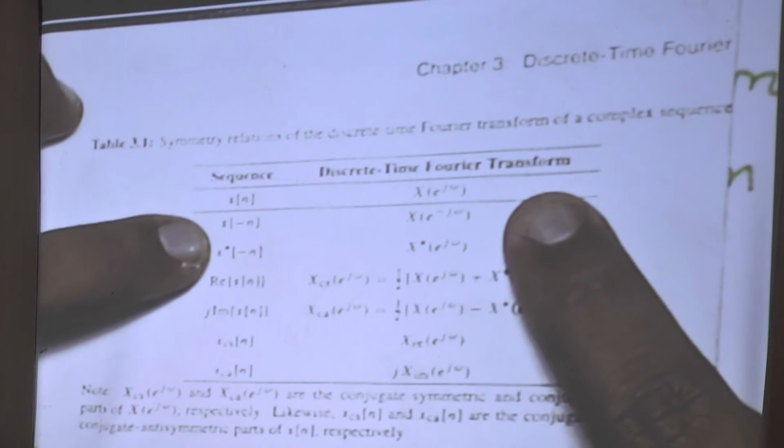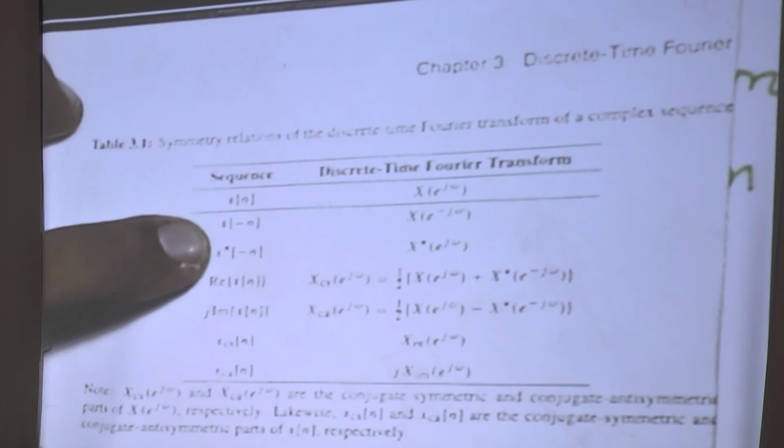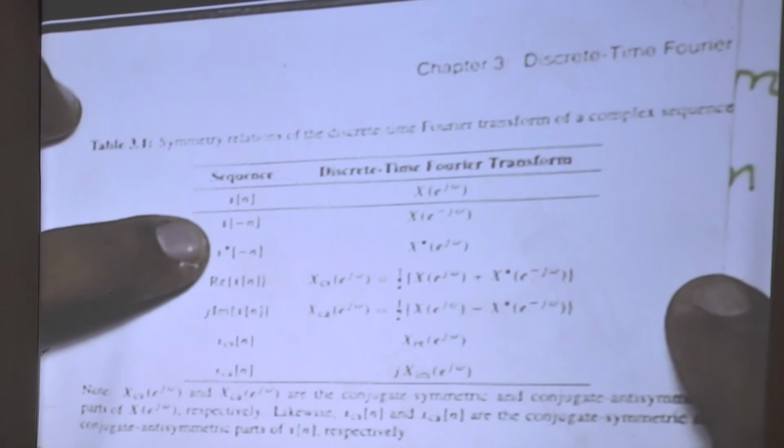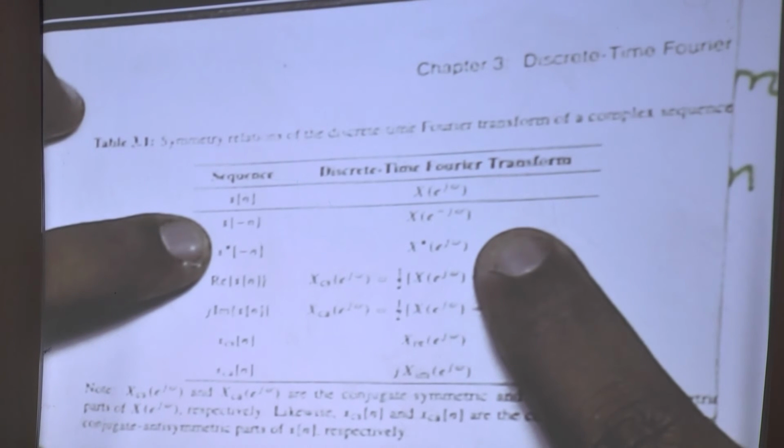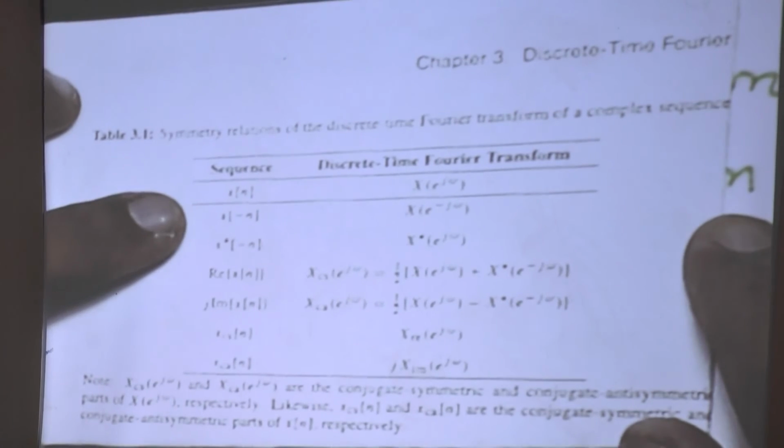The sequence is x star[-n]. The Fourier transform is capital X star(e^{jω}). The sequence is the real part of x[n]. The Fourier transform is X_cs, the conjugate symmetric part of X(e^{jω}).